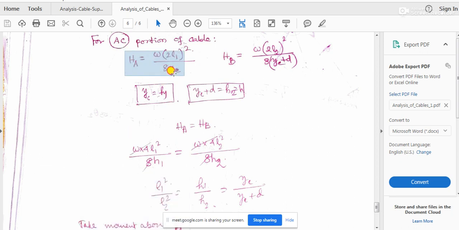So what is the value of HA? W into 2L1 squared by 8YC. That's what we have understood in the previous class.